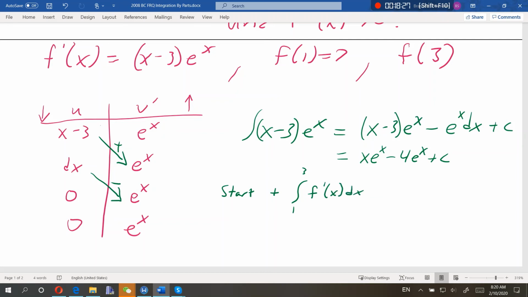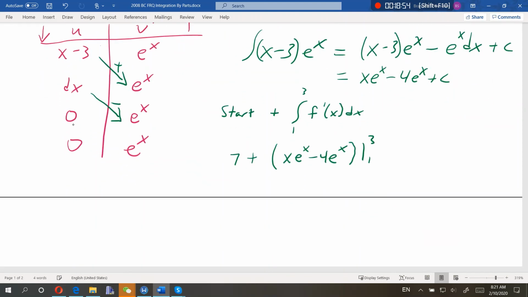So my start point is 7, and I'm going to add the integral from 1 to 3 of our function. Since we already integrated here, this will be x e to the x minus 4 e to the x. I don't think there is a calculator in this section, so we can't use one, but that's okay, we don't need one.